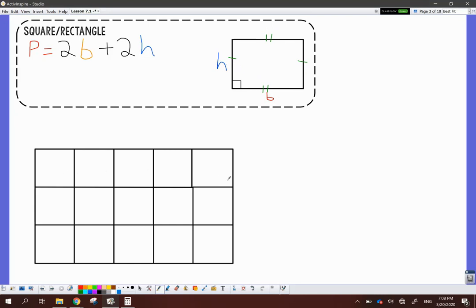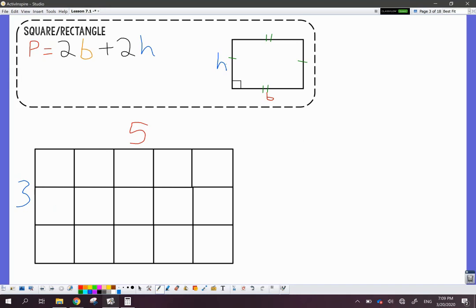Like for example, this rectangle here, I have 1, 2, 3, 4, 5 blocks going sideways. And let me change that to red because that's my base here. And for my height, I have 1, 2, and 3. So 3 is my height.